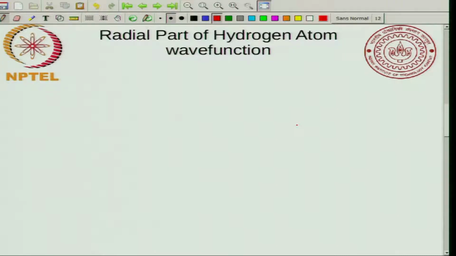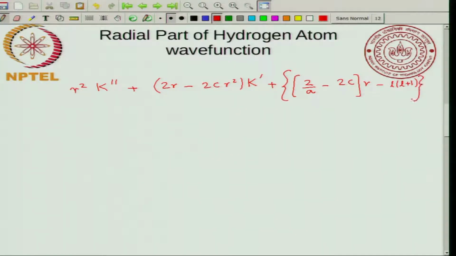So it looks like the following: r square k double prime plus 2r minus 2cr square k prime plus 2 by a minus 2c r minus l plus 1, the whole thing multiplied by k equal to 0.